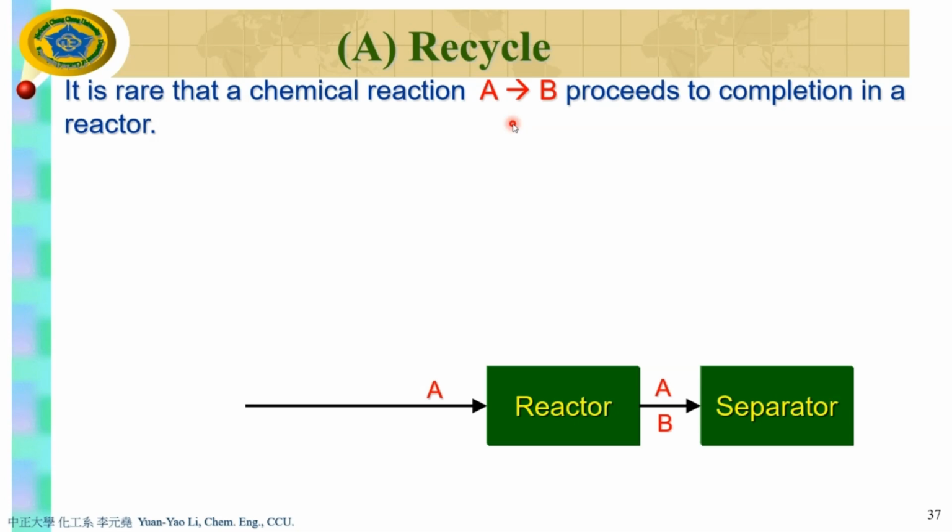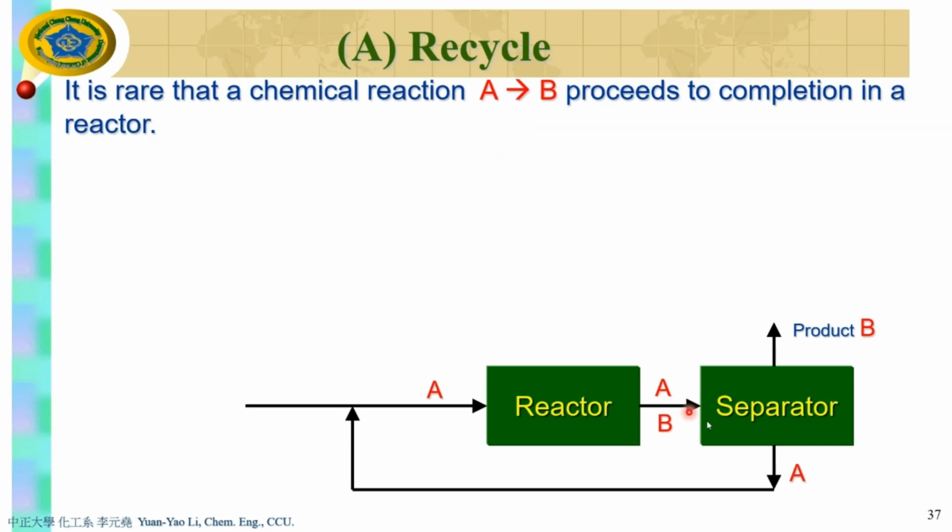From this separator, we have the product, which is B, and we can separate it very well, so we have a pure B. And what happens to A? The good thing is that you don't want to discharge A. You want to recycle A. You might have a little bit of B here. It doesn't matter. You will recycle A back and feed it into the reactor.